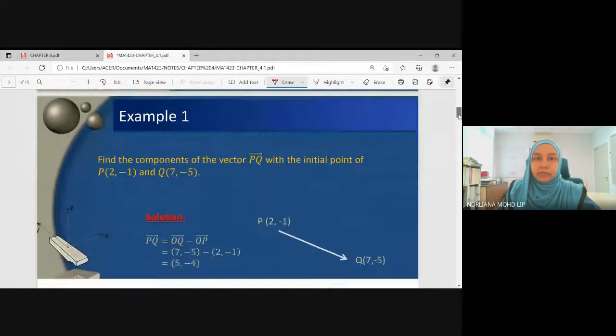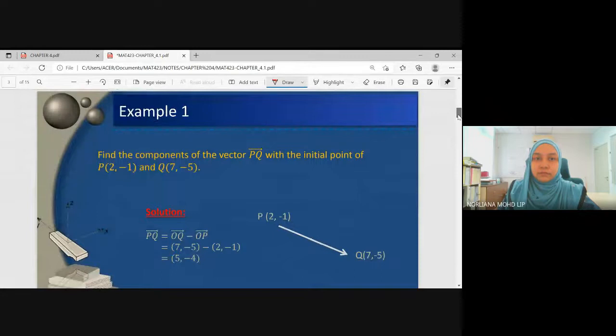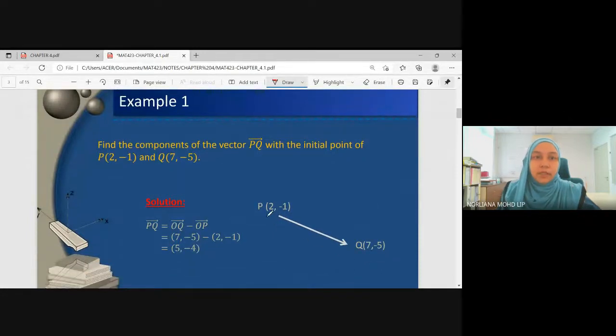Okay, look at example 1. Find the component of a vector PQ, with the initial point of P (2, -1) and Q (7, -5). So we want to find the vector PQ.